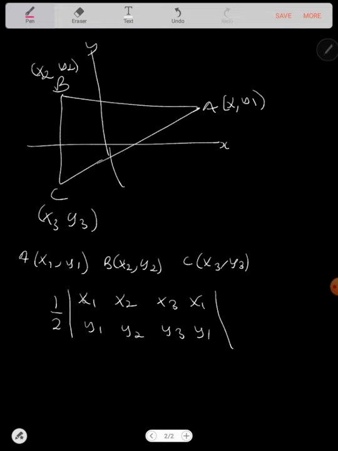Now to start closing this, we'll close this with this, that with that, and that with that. So if I take these, I'm going to have x1 times y2, add x2 and y3, add x3 and y1. Once I'm done with this, I'll subtract now.